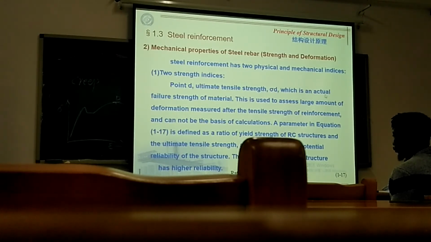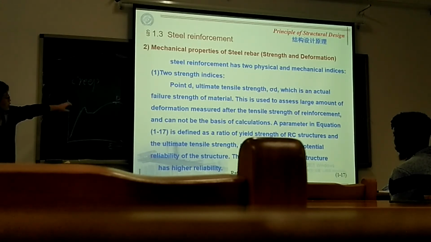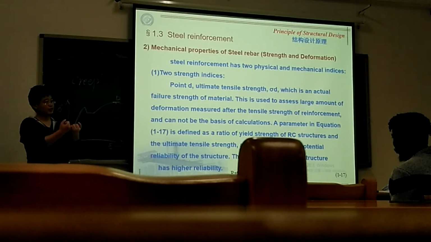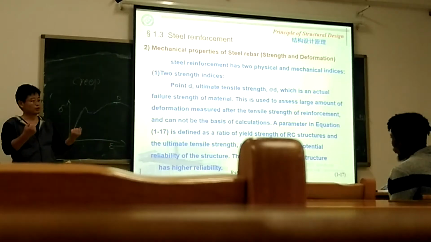This strength actually is the failure strength of the material. That means once the steel bar reaches this strength, the stress reaches this point, it will break soon. Once the stress is this large, the steel bar will soon break.